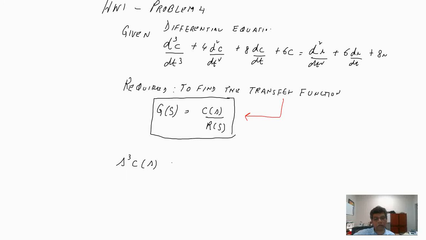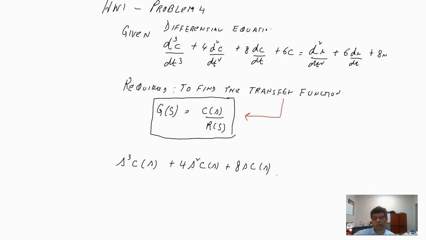Similarly, you can pretty much do this on your own now. This will be equal to 4 s squared times C(s), and this one is just going to be 8 s times C(s).